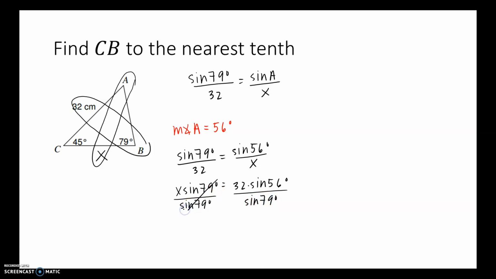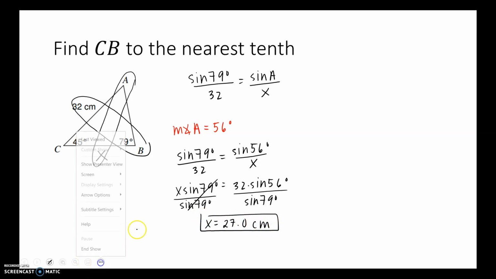I can't separate the 79 from the trig function. So now this whole ratio is exactly what I'm going to plug into my calculator. Okay. And I get x equals, to the nearest tenth, it would actually be 27.0 centimeters.